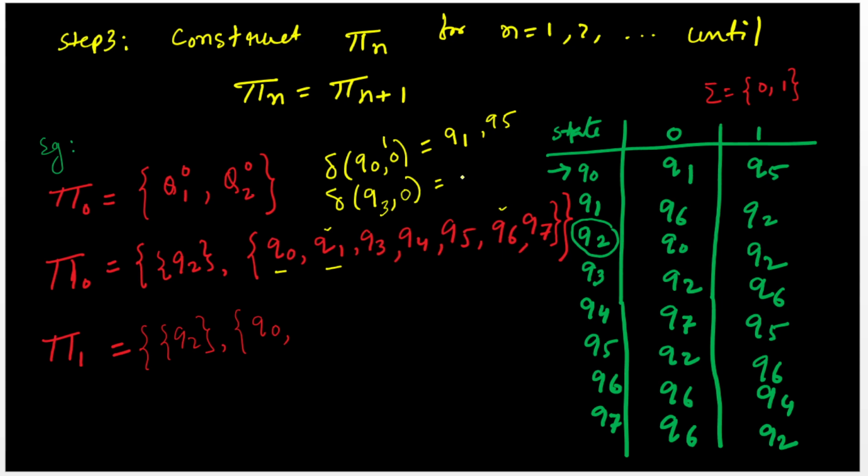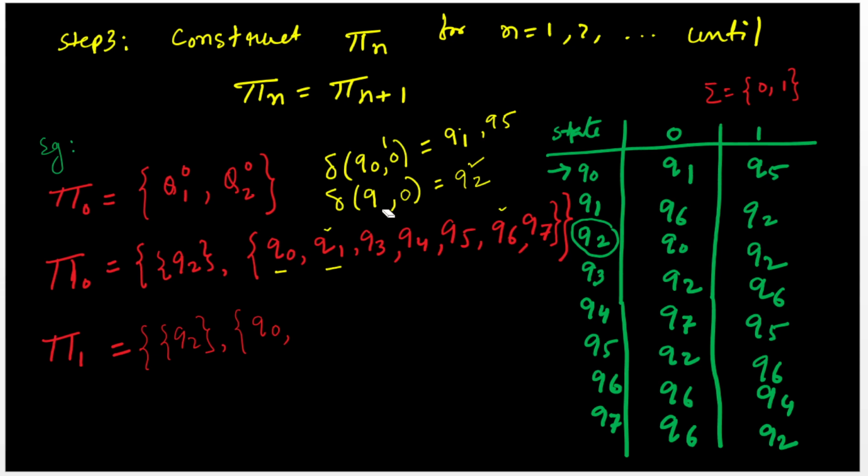Look, for 0 it will be Q2, while Q0 and Q1 are in one equivalence class, but Q3's outcome Q2 is in another class. So Q3 also does not go in the same equivalence class as Q0. Now we have to check Q4.